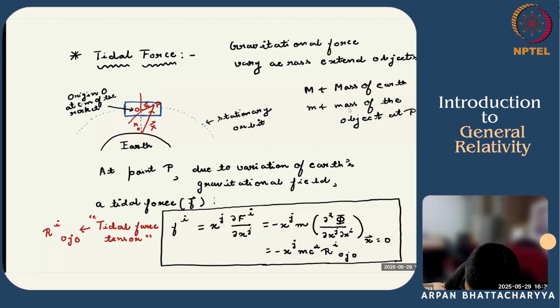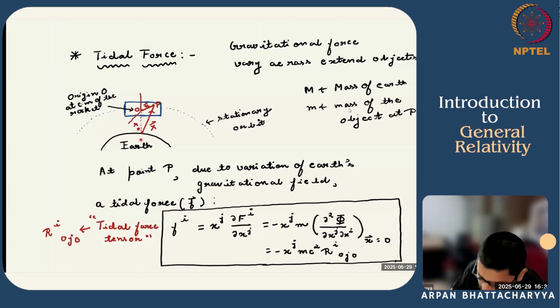And because this is moving in a stationary orbit, the origin O is freely falling under the Earth's uniform gravitational pull. Now consider a point P with respect to this origin O inside the spaceship, which is at a distance x from this origin.